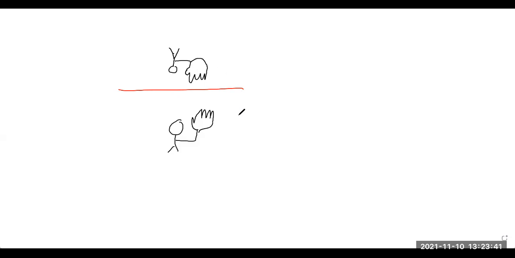But if we spin it around, or from this person's perspective, it wouldn't be upside down. It's going to not look like a right hand anymore.